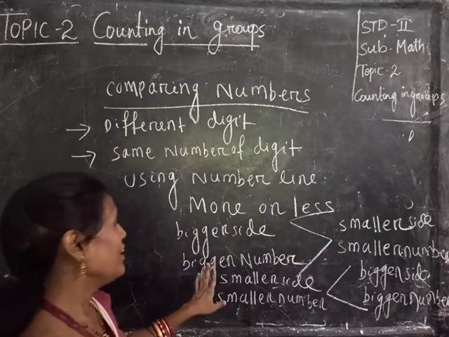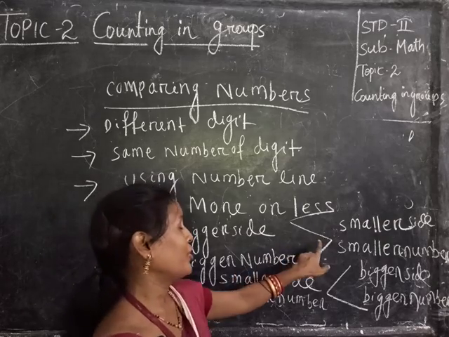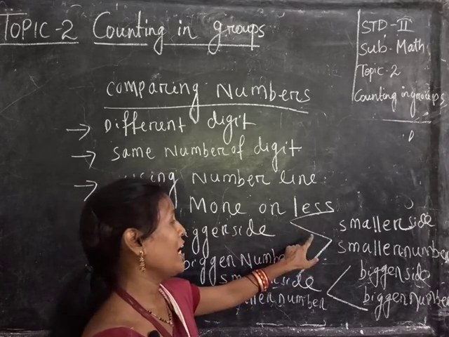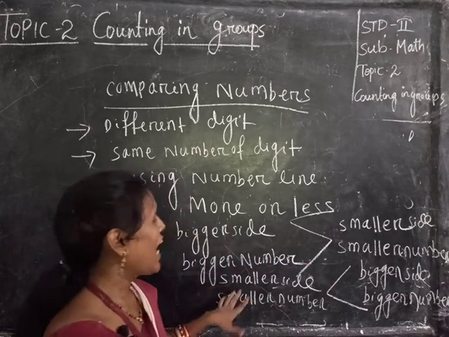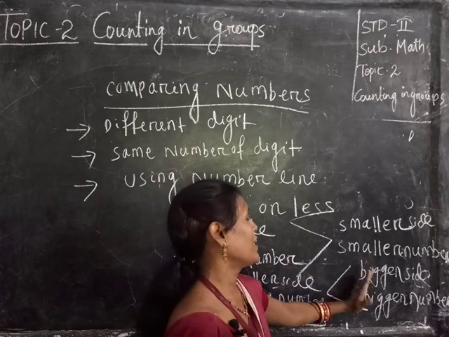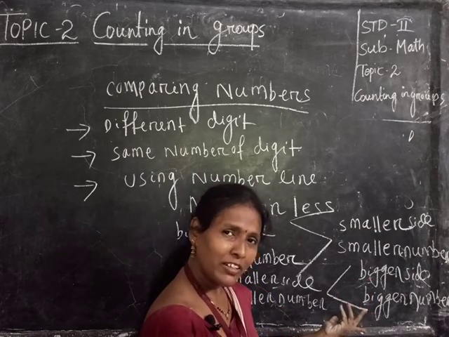Now you see, when the bigger side and bigger number is on the left hand side, the crocodile shows his face towards the left hand side, and when the bigger number and bigger side is on the right hand side, the crocodile also moves that side, right or not?